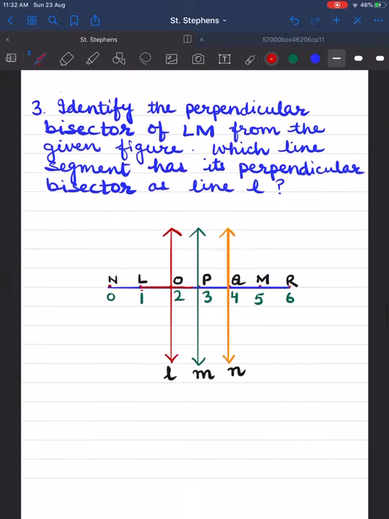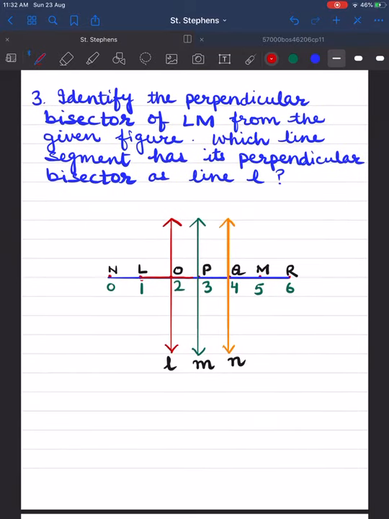Now let's move to third question. Identify the perpendicular bisector of LM. And the second is, which line segment has its perpendicular bisector as line L? So first, let's find out the perpendicular bisector of LM.